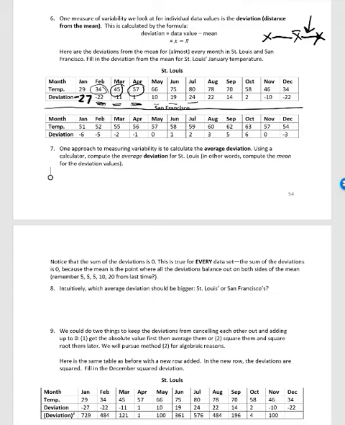So that is what I would like you to do. I want you to pause the video after I explain and pull out a calculator and compute the average deviation for St. Louis. So in other words, I want you to compute the mean for these bottom deviation values. And remember, how do we compute the mean?